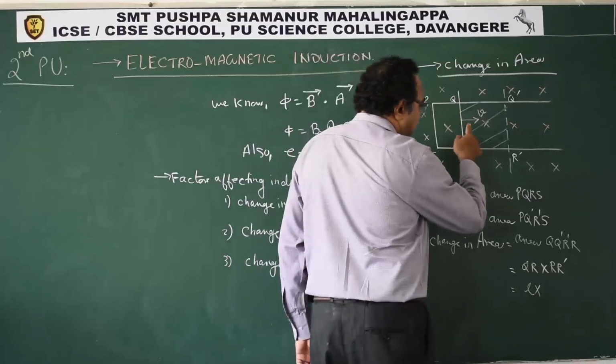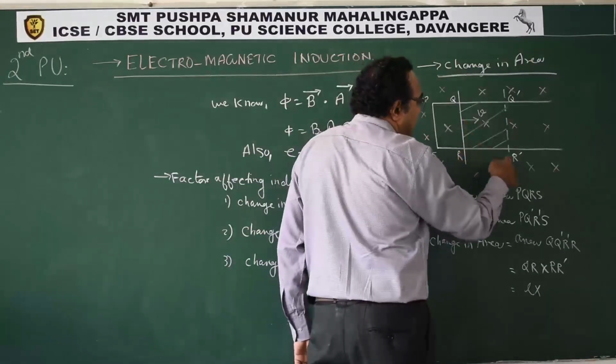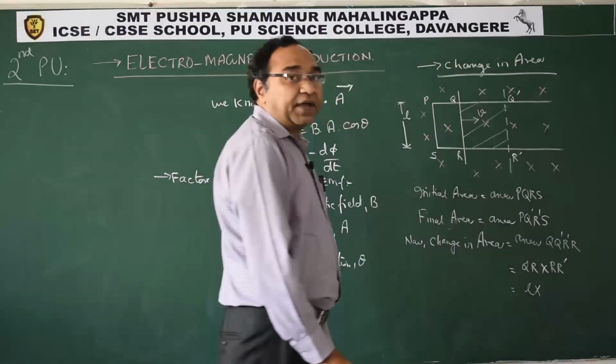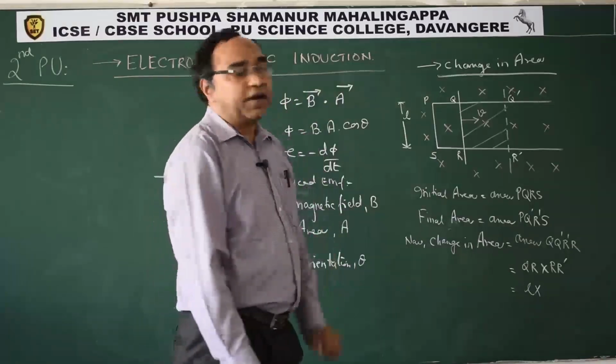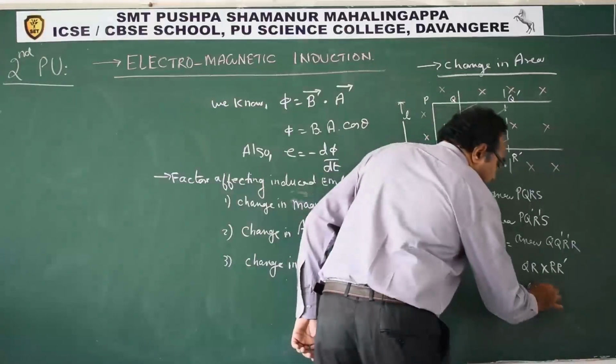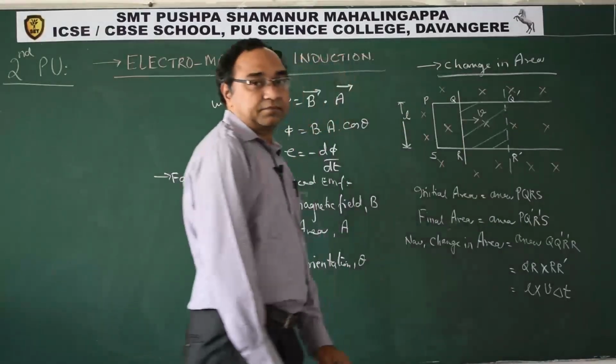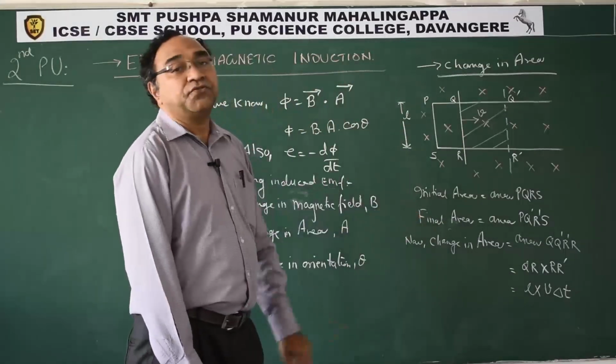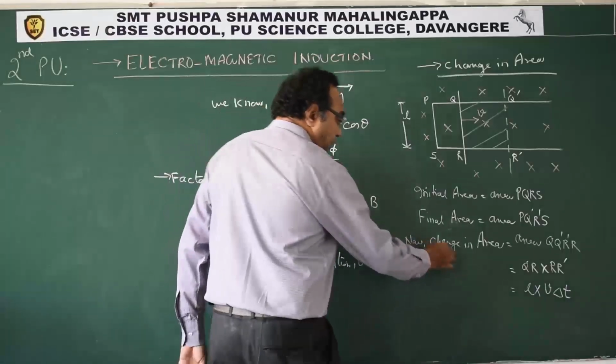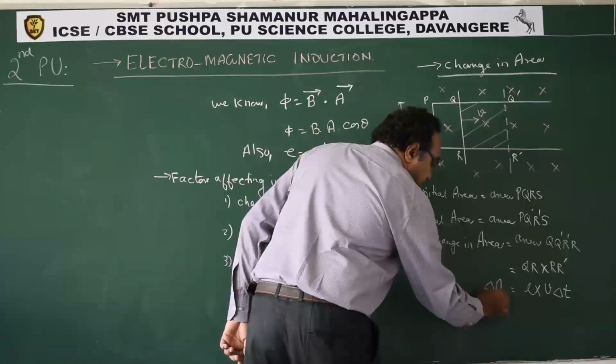What we have seen is that from QR to RR dash, the time taken, let us say, is delta T. So RR dash will be V delta T. This is what we get as the change in area. So I will write it as, let us say, delta A.